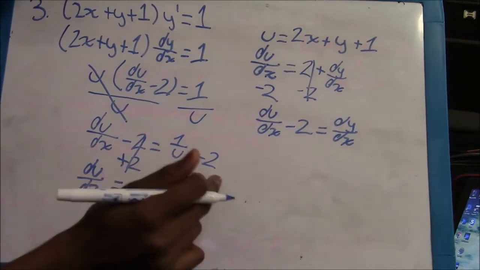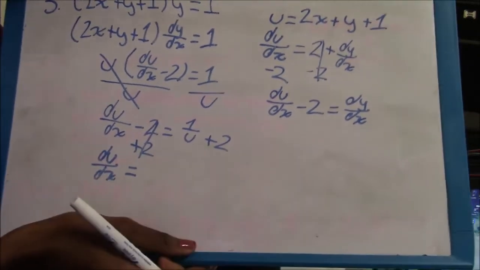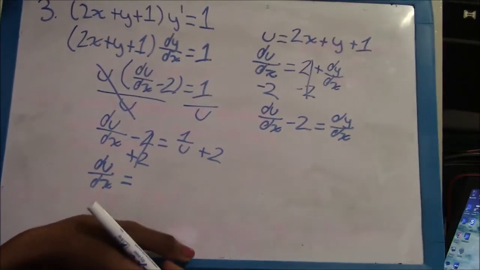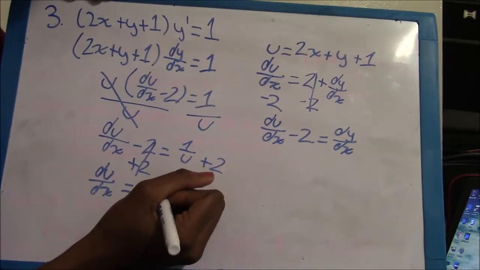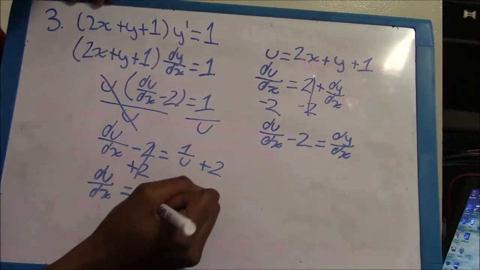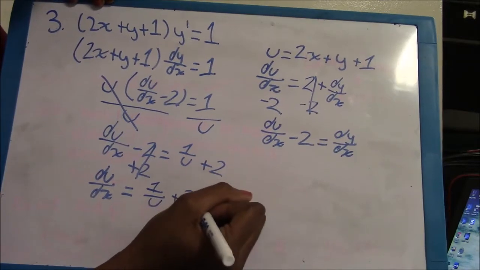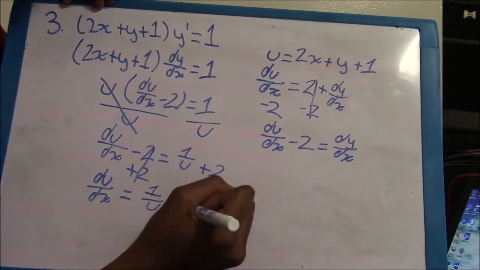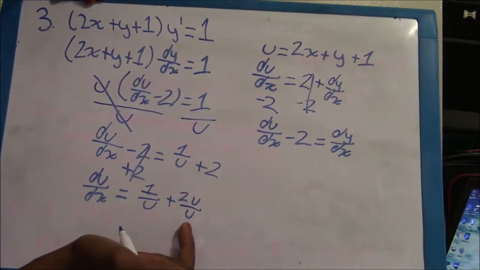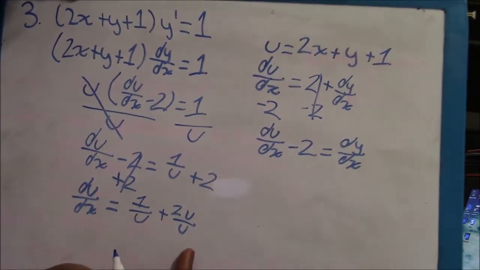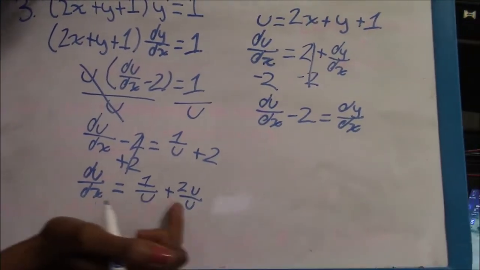Now we can get a common denominator, and we can make this into 1 over u plus 2u over u, because u over u is 1. It's not going to change the fact that that's still 2, right? But we still have the common denominator.